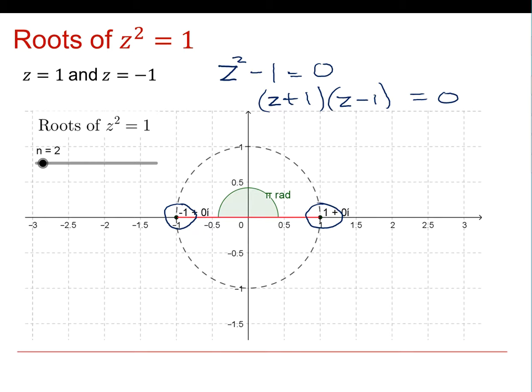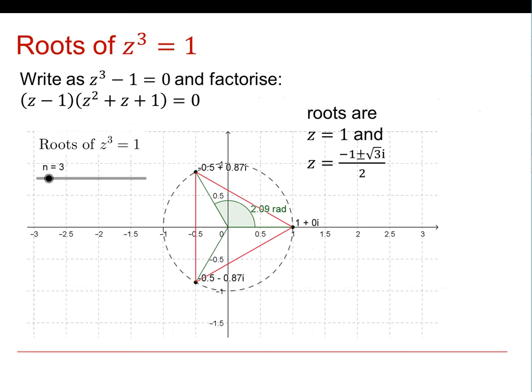For z cubed equals 1, we could again write this as z cubed minus 1 equals 0 and factorise: z minus 1 times z squared plus z plus 1 equals 0. The roots are therefore 1, and we would find the other two roots by using the quadratic formula to be minus 1 plus or minus root 3i over 2.